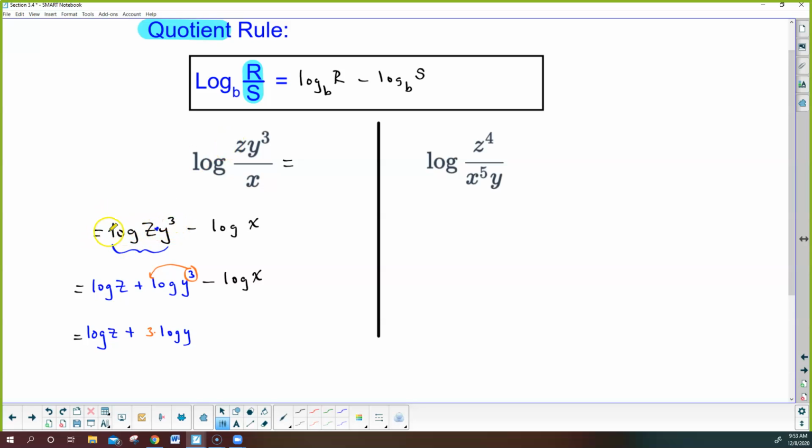I have a product of z times y to the third, and that third power only belongs to the y, so it becomes the multiplier out in front just for the log of y. And then this would be the expanded form of our original statement.